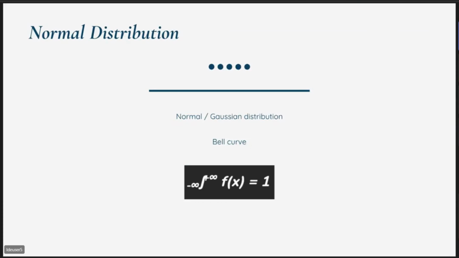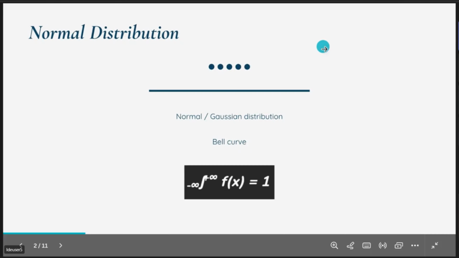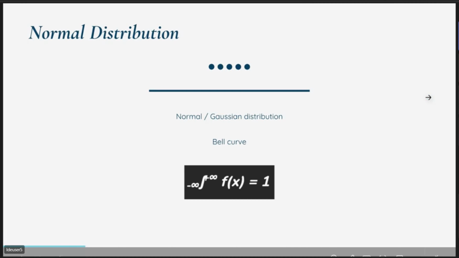So, quick refresher of things that we know already, right? We all know about the normal distribution, right? Normal distribution is any distribution that follows a Gaussian distribution, which is essentially the bell curve you would have studied in school.